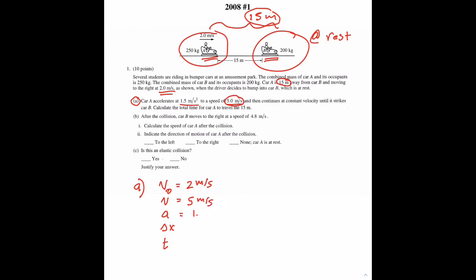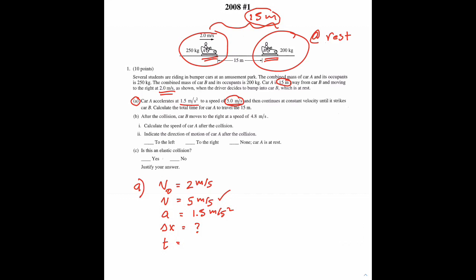The acceleration is 1.5 meters per second squared, and the displacement we have to find. It's not 15 meters. A portion of the 15 meters is covered during this period of acceleration, but once cart A reaches 5 meters per second, it maintains a speed of 5 meters per second before colliding with cart B.